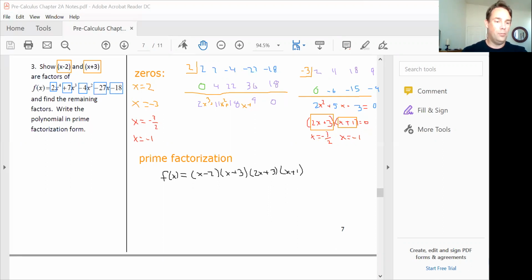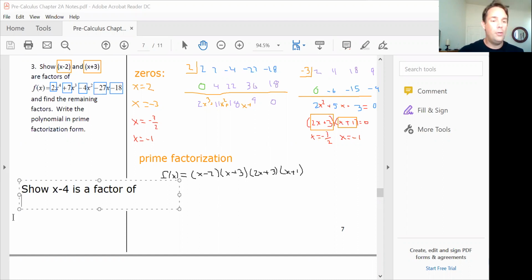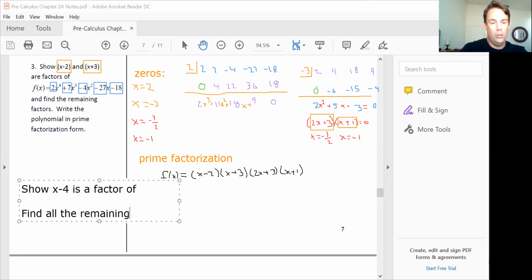All right, friends. Let's have you try one here just for the fun of it. I'm going to give you the function. Show x minus 4 is a factor of it, then find all the remaining roots. So what if I give you another one here?